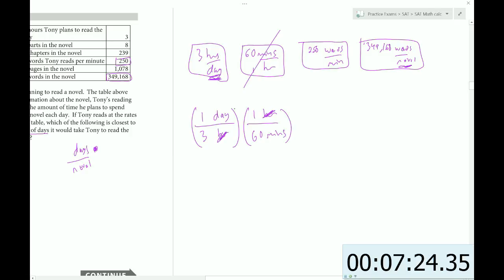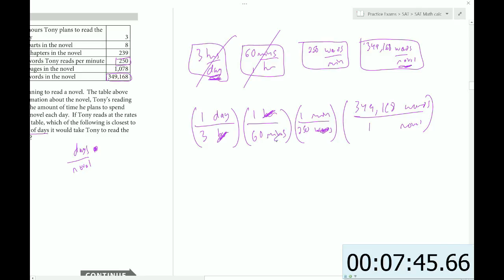Now we have to get rid of minutes, so we'll put 1 minute and 250 words. And then finally we'll put 349,168 words, and that goes with 1 novel. So the words will also cancel out along with the minutes canceling out. We'll get days per novel.